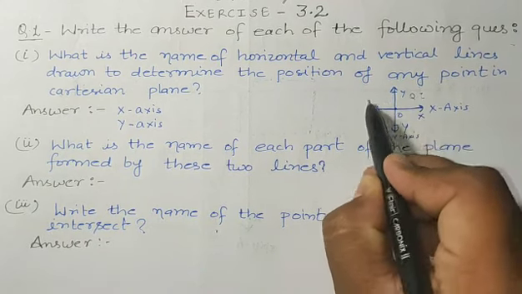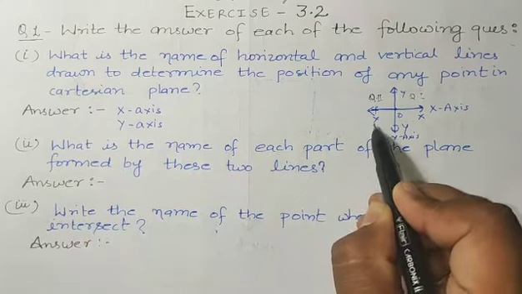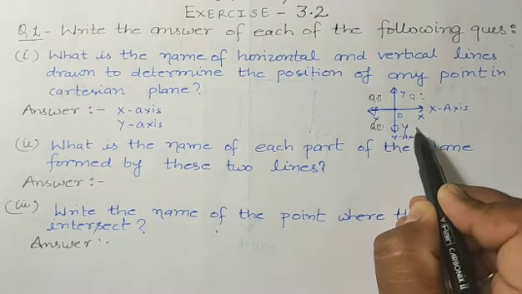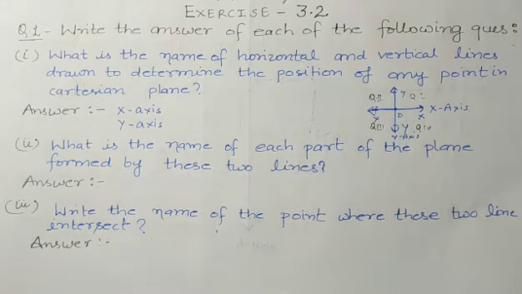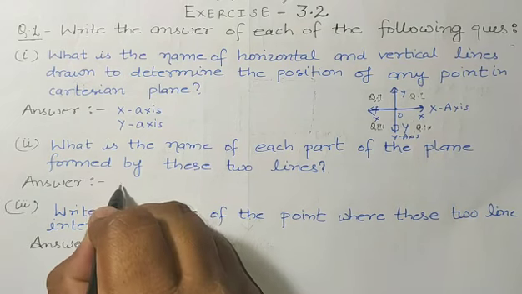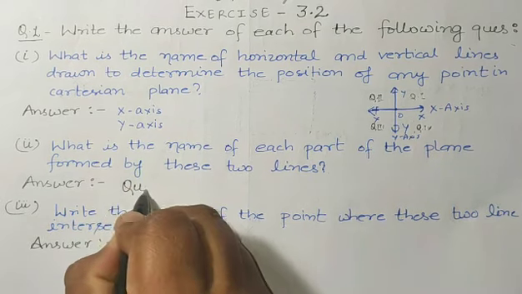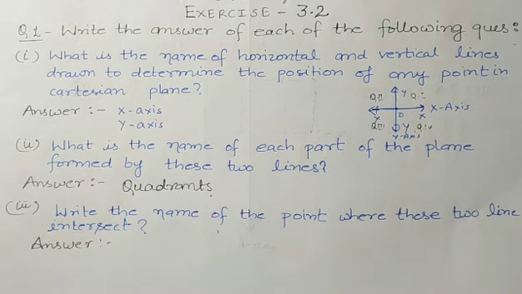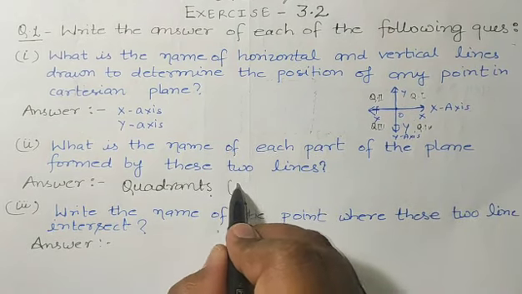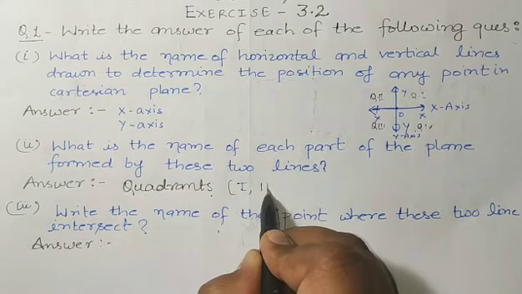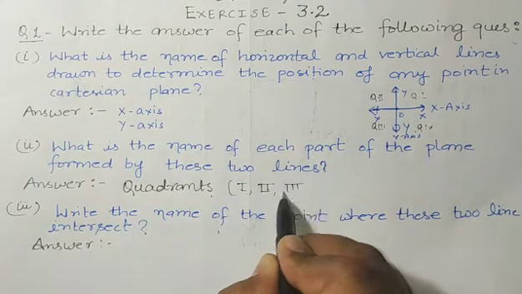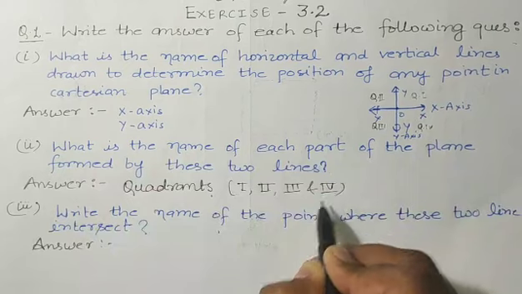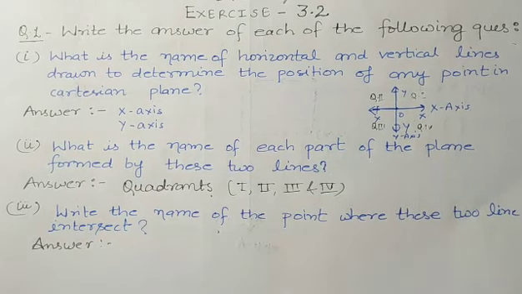Quadrant first, quadrant second, quadrant third and quadrant 4. So each part is called a quadrant. So this will be your answer. In brackets you can show that first, second, third and 4, meaning 4 quadrants are there.